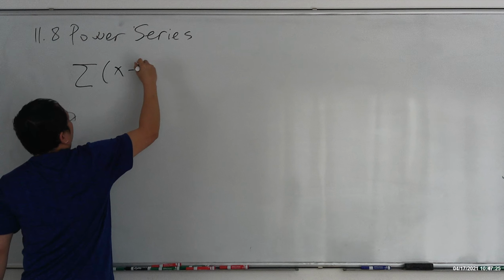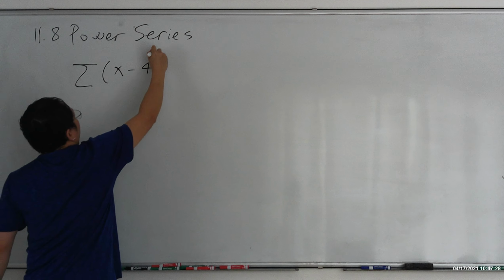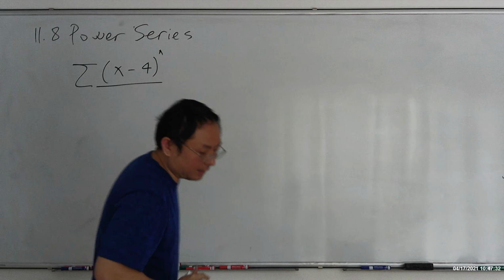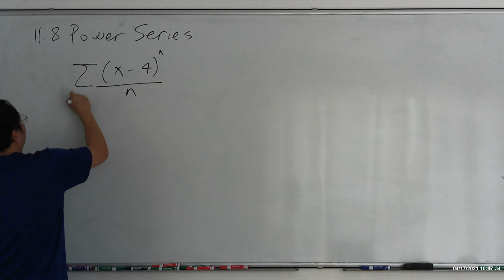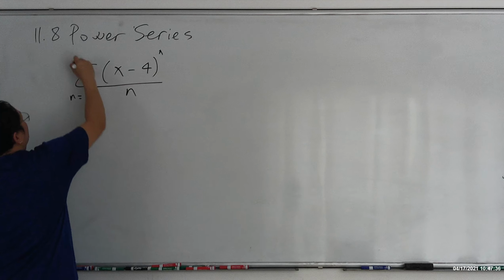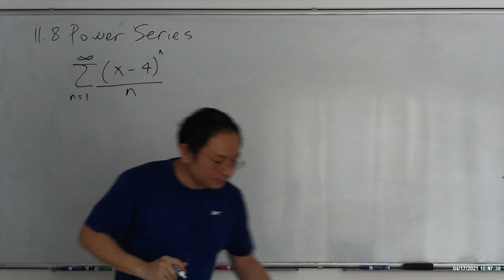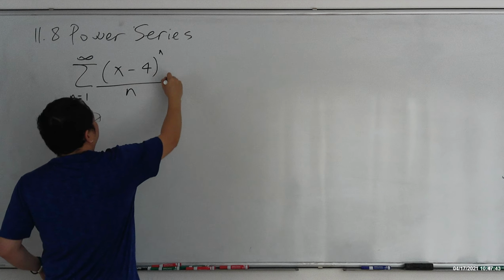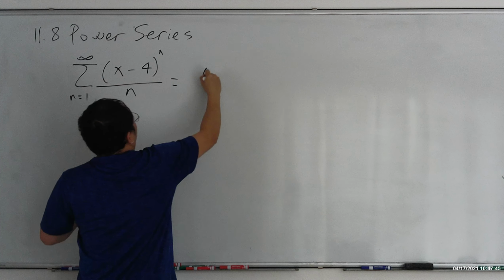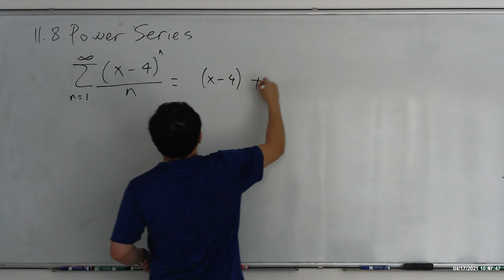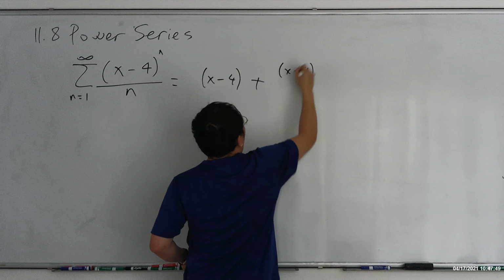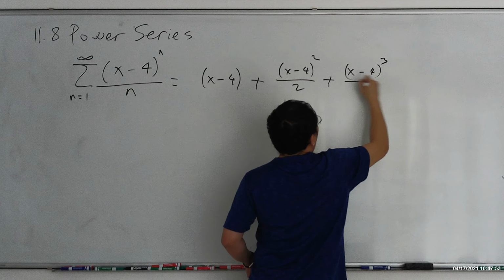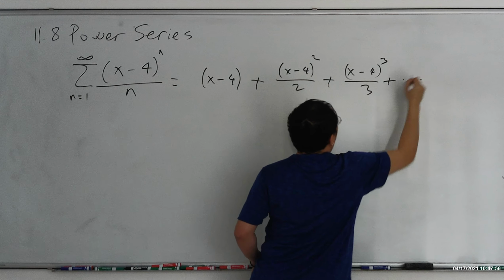The series is the sum of (x minus 4) to the n over n, running from 1 to infinity. So this is (x minus 4) plus (x minus 4) squared over 2, plus (x minus 4) cubed over 3, plus dot dot dot.